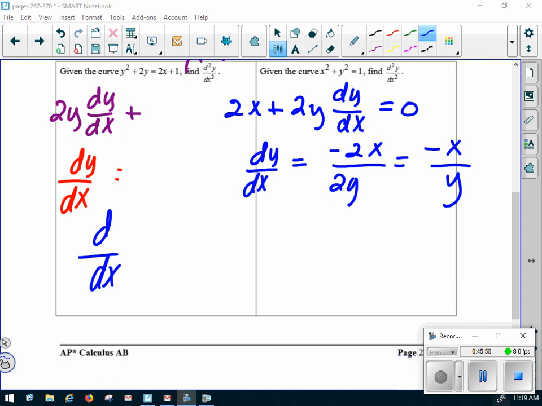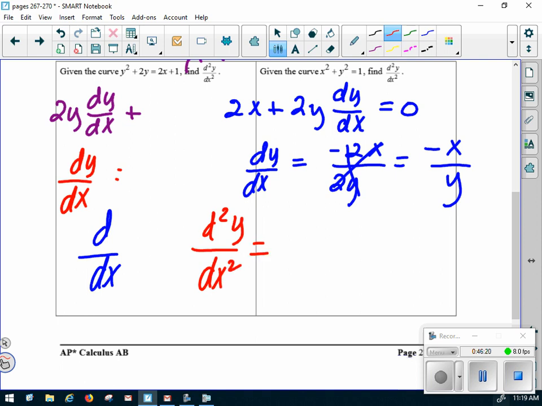Aaron, you getting it? Now what do I do? Take what we did before, but with this one. Okay, take the derivative of the derivative. Now remember, we're going to ignore that. d squared y over dx squared.